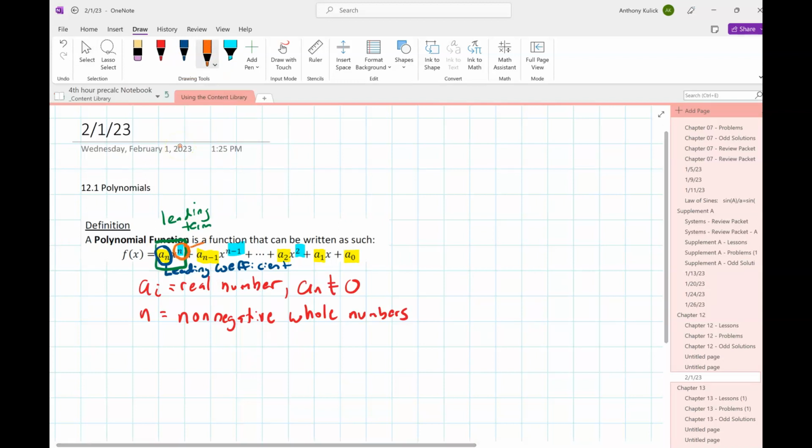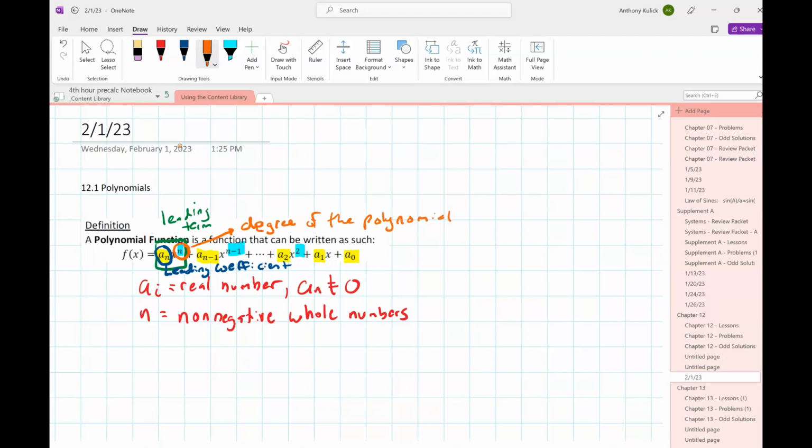And then the exponent on that biggest exponent we call the degree of the polynomial. So just a little bit of vocab.